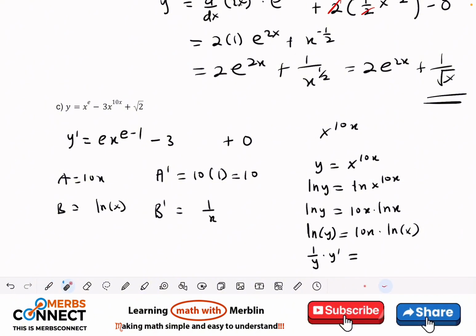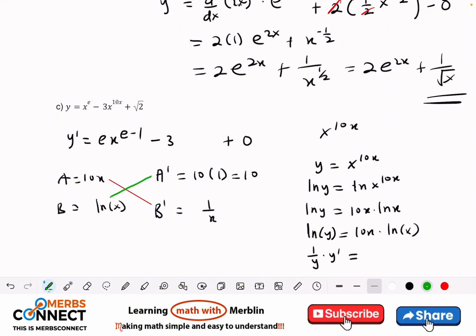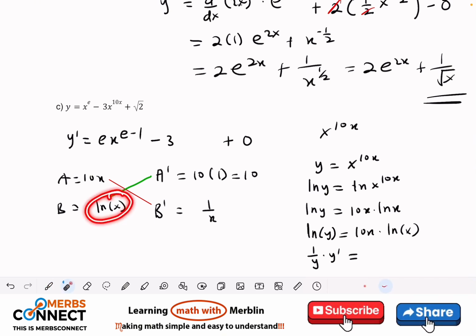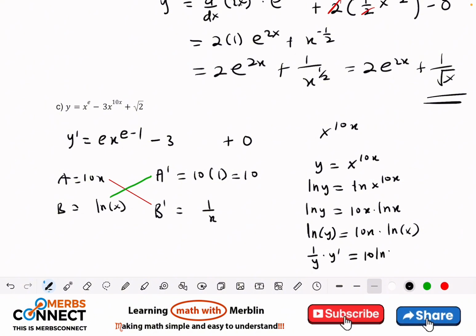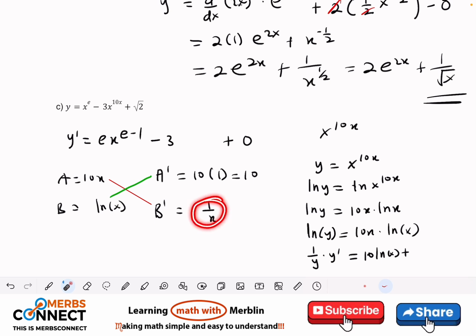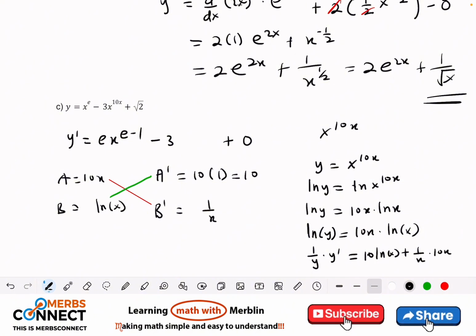So what I'm going to do is I'm going to do cross multiplication. So this a prime, a will multiply b prime, and then b will multiply a prime. So that's what I'm going to get. So with the differentiation, I'm going with this times this. So I'm going to have 10 ln x plus, then this will multiply this, which is going to give us 1 over x times 10x.